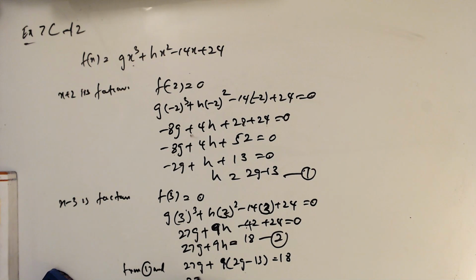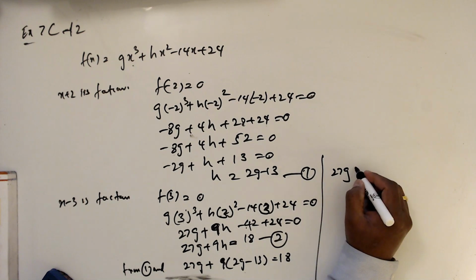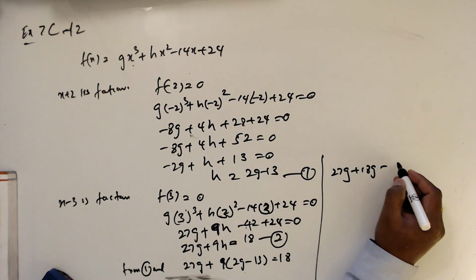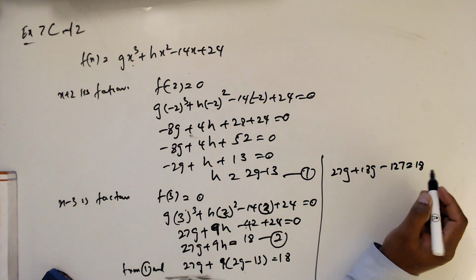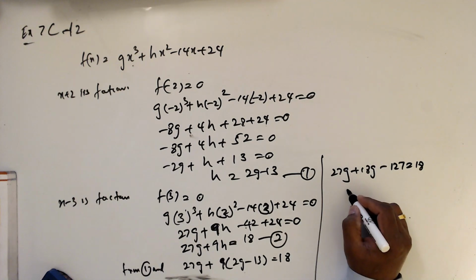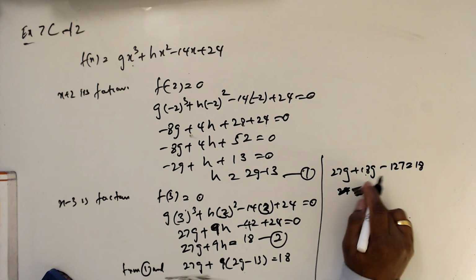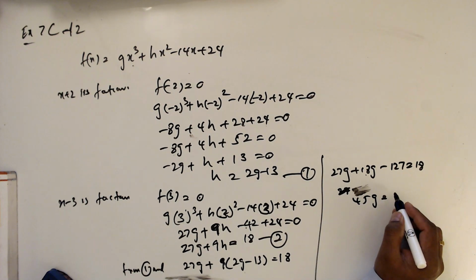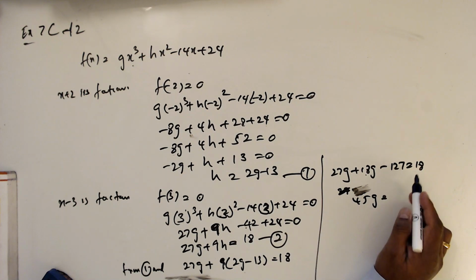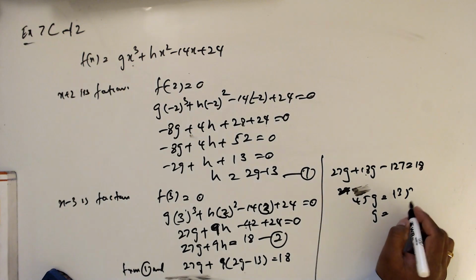And this is going to be 27g plus 18g minus 117 equal 18. And 27g plus 18g is 45g equal 135, g equal 3.